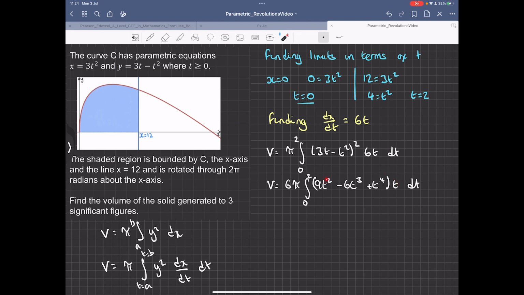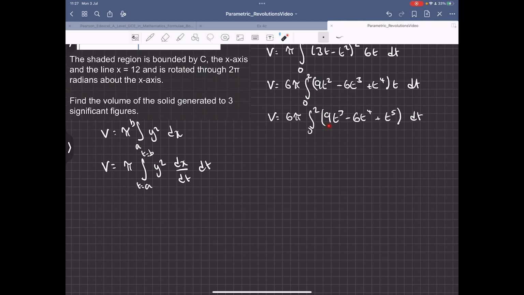So now we'll expand out with t, and we get the volume will be 6 pi times the integral between the limits of 9t cubed minus 6t to the 4 plus t to the 5. So now we've simplified this, we can evaluate this integral, and we get the volume is equal to 6 pi.